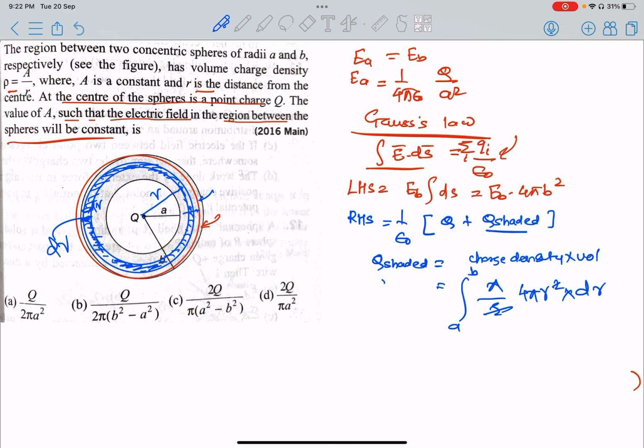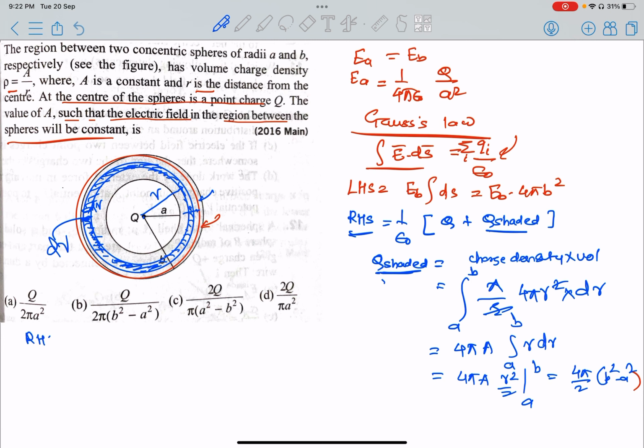We can see this r and one r get cancelled. So I will have 4 pi a r dr from A to B. What is the integration of r? 4 pi a r squared by 2 from A to B, or 4 pi a by 2 times b squared minus a squared. So I calculated q shaded, so I know my RHS.